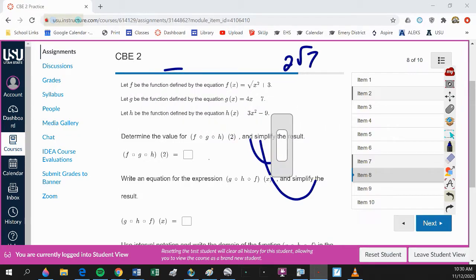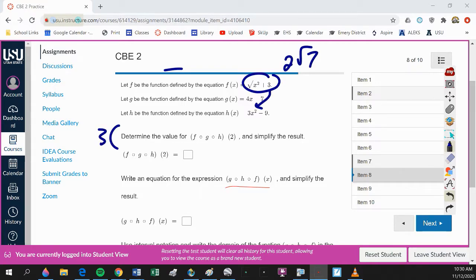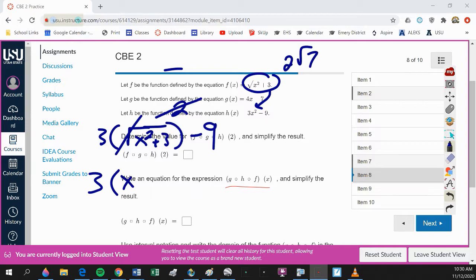Okay. How do we do this? We plug the f function into h. So we get 3 times the square root of x squared plus 3, squared, minus 9. The square and the square root cancel. And I get 3 times x squared plus 3 minus 9.